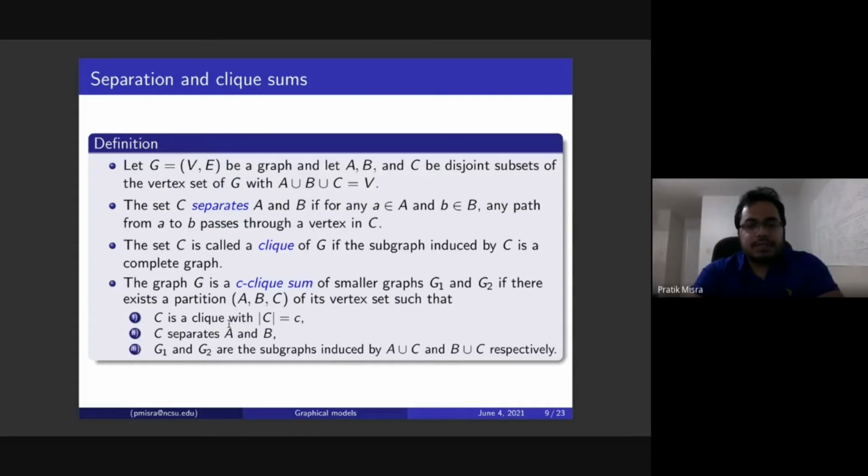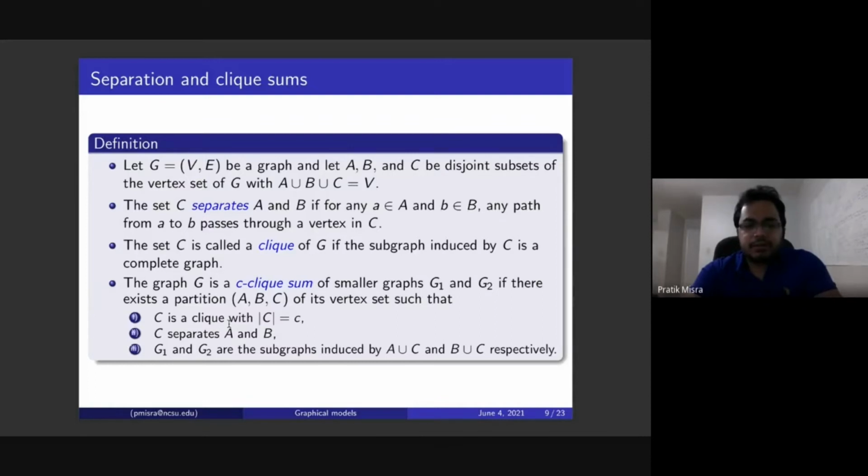Now, a set C is called a clique of the graph if the subgraph induced by C is actually a complete graph.